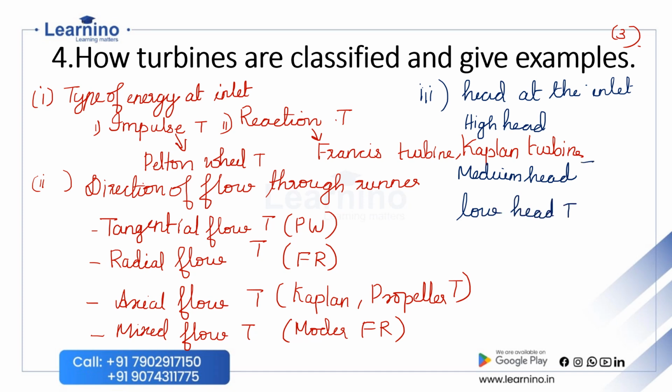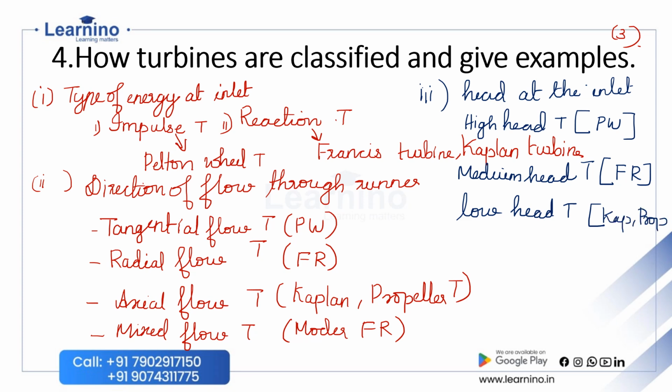High head turbine is used mainly if the head is greater than 250 meter, and its example is Pelton wheel turbine. And medium head turbine is used when the head is between 30 meters and 250 meters, and its example is Francis turbine. And low head turbine is used when the head is less than 30 meter, and its examples are Kaplan turbine and propeller turbine.